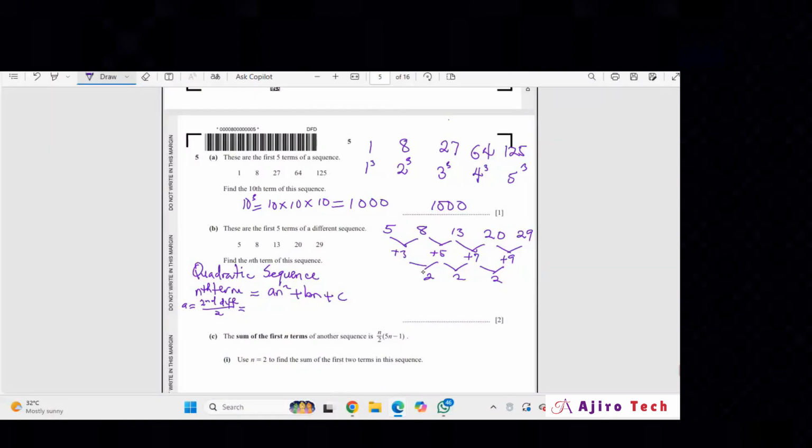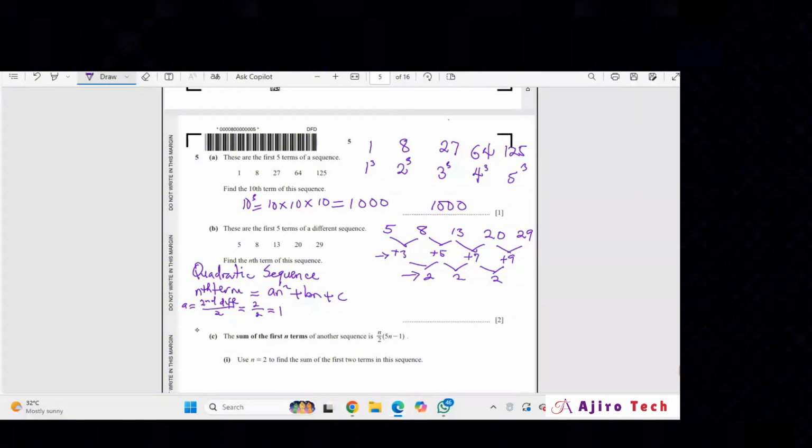Second difference here is 2. If you look at it, this is the second difference, this one is the first difference. So second difference is 2. So it will be 2 divided by 2. And 2 divided by 2 is 1. So we have gotten the a, the first term. There's another thing we need to get as well, which is what? For us to get b.